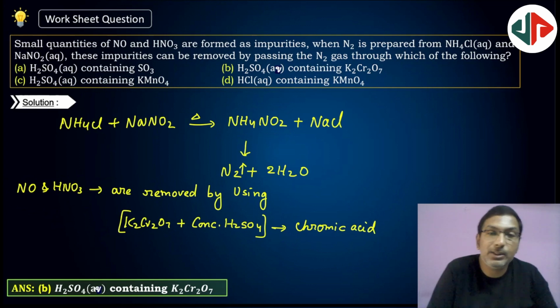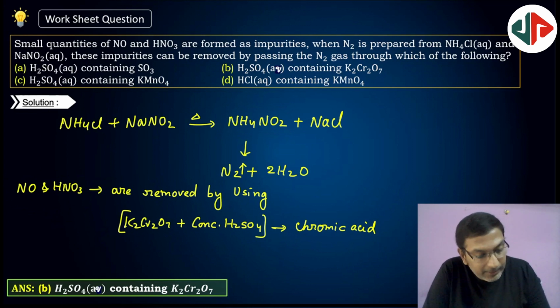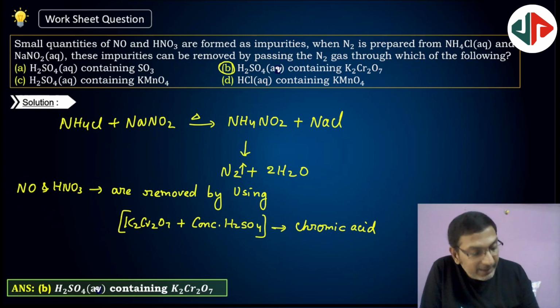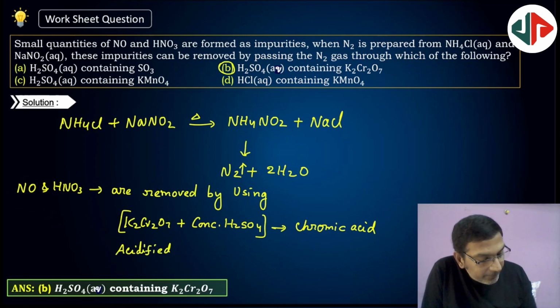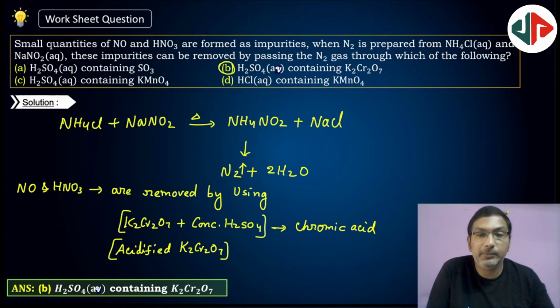Chromic acid, H2CrO4, that removes all the impurities. Therefore, option B, K2Cr2O7 potassium dichromate in the presence of H2SO4. This will be known as acidified potassium dichromate. Acidified K2Cr2O7, powerful oxidizing agent. Option B. Next.